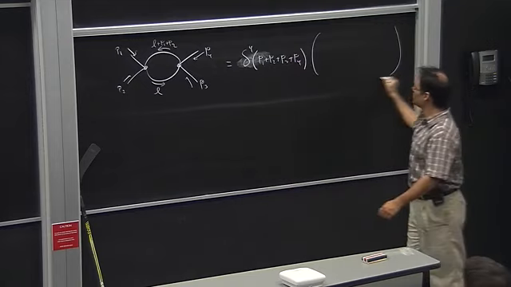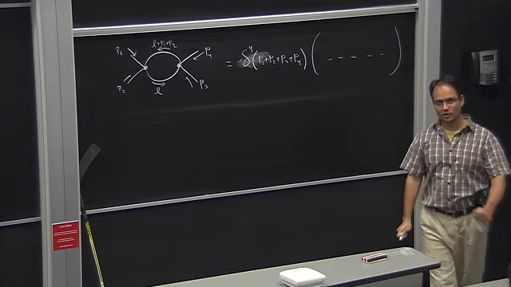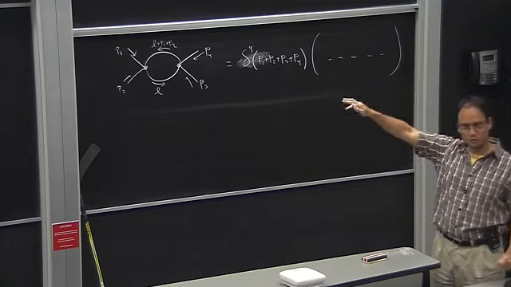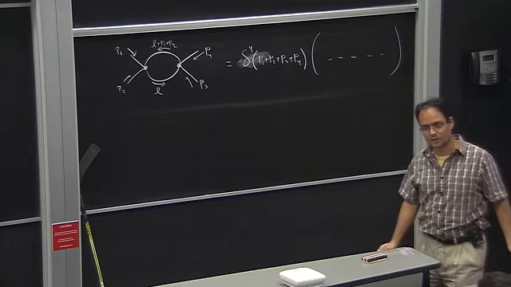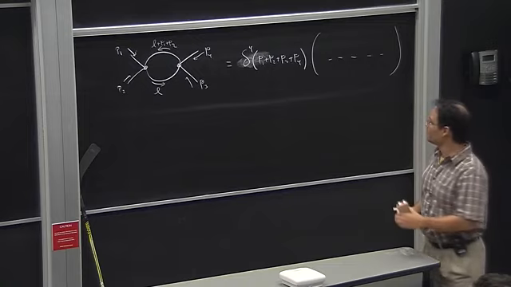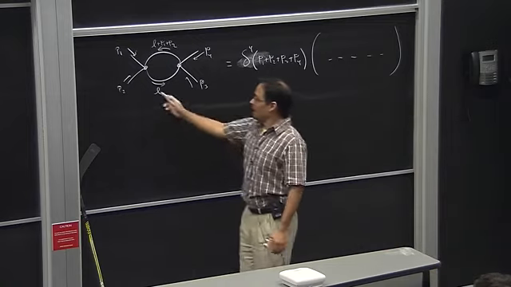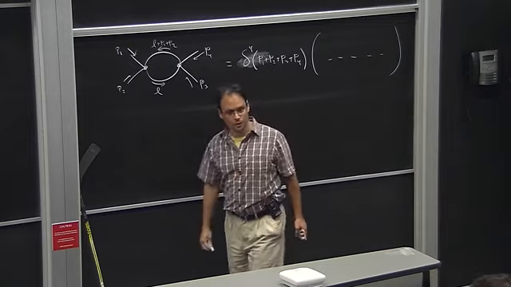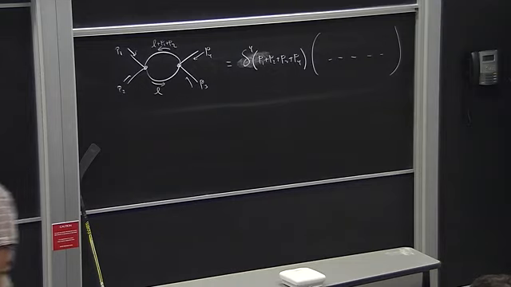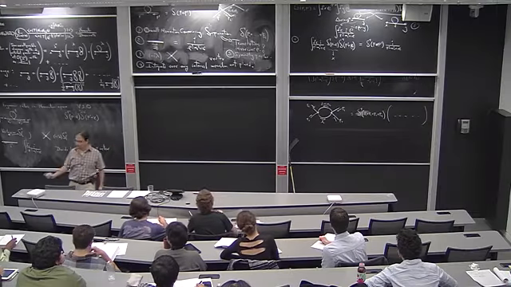And then we can apply the rules and construct the rest without having the rule that I had before for the internal vertices. Is that okay? L is not fixed, so you have to integrate over it. Okay? Yes. Okay.